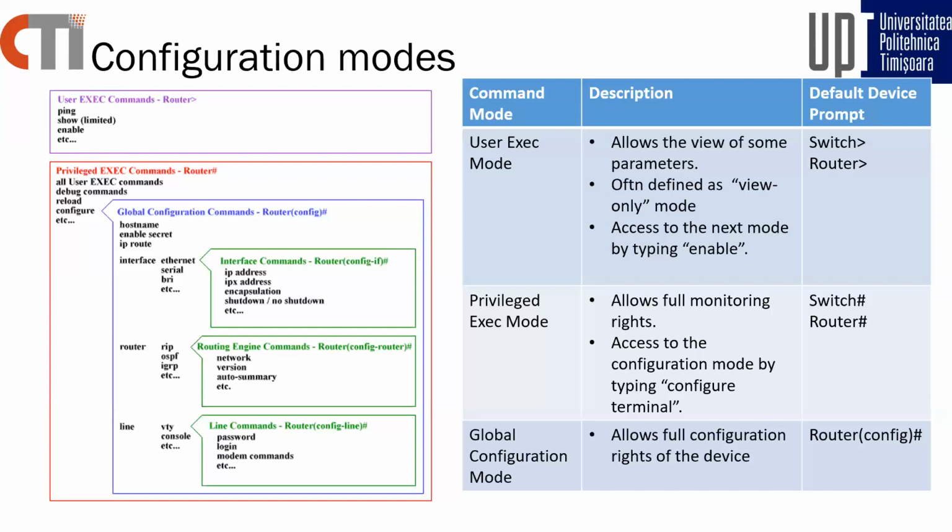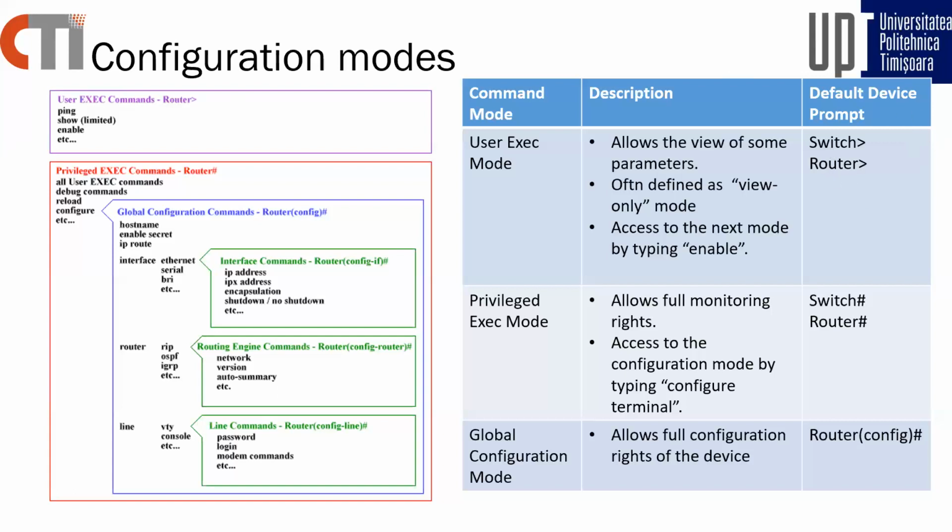Now, the user exec mode allows us to view some parameters, but not all of them. And definitely, absolutely, it does not allow us to configure or modify any parameter whatsoever. You can see here the default prompt for the particular device in the case in which we are in the user mode.